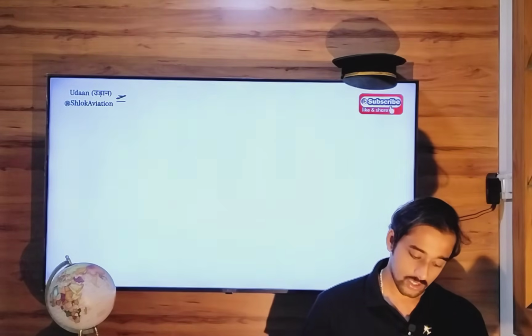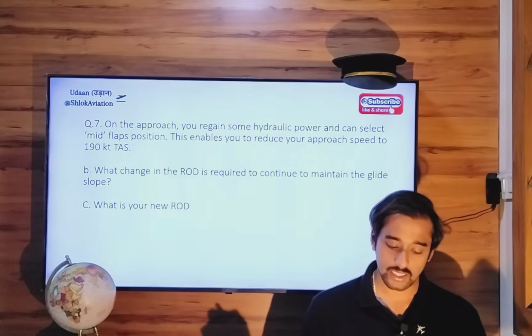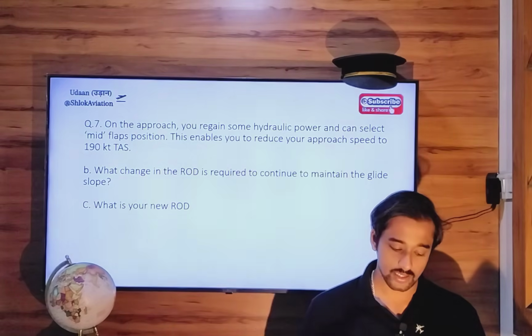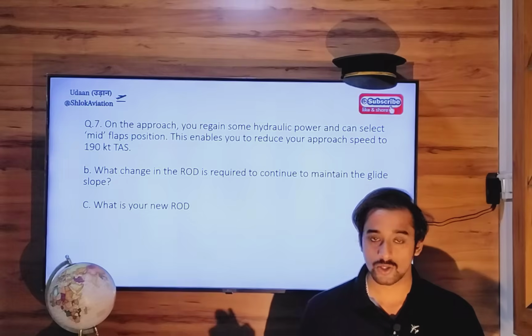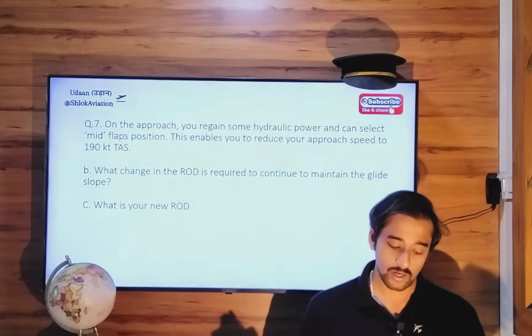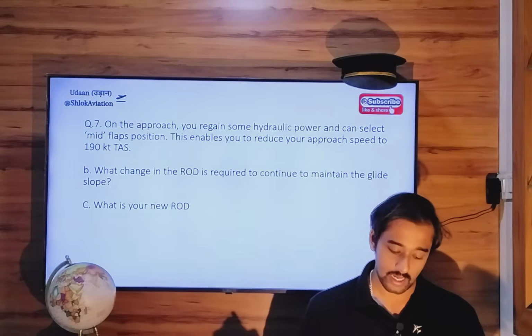Next, question 8. On the approach, you regain some hydraulic power. Subsequent to that, you select the mid flaps position. This enables you to reduce your speed to a new speed of 190 knots. What change in rate of descent is required to maintain the glide slope?